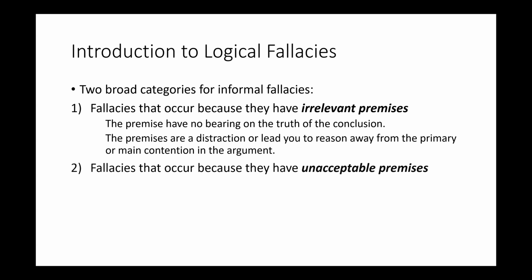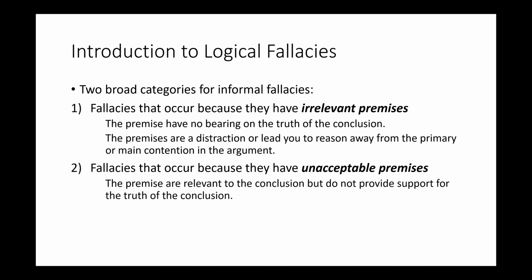And on the other hand, there's a category of fallacies that occur because they have unacceptable premises. So these are going to be premises that are maybe relevant in some sort of way, but they do not provide support for the truth of the conclusion, right? Maybe they aren't truth apt, or maybe they don't actually offer the support that they suggest that they have. So they might be relevant, so they're different from these irrelevant premises, but nonetheless, they cannot support the truth of the conclusion.